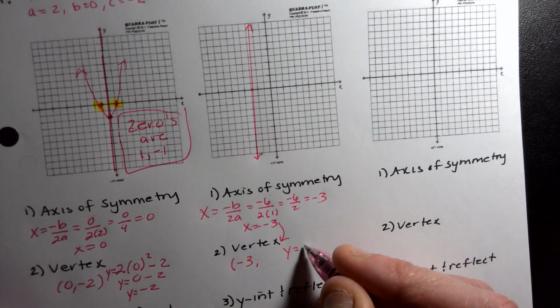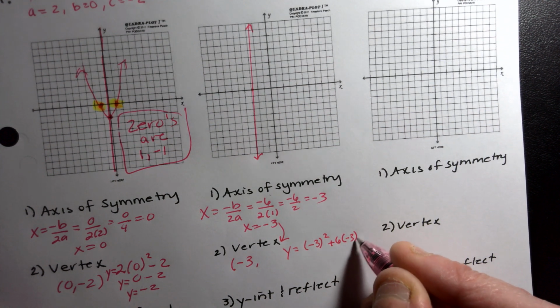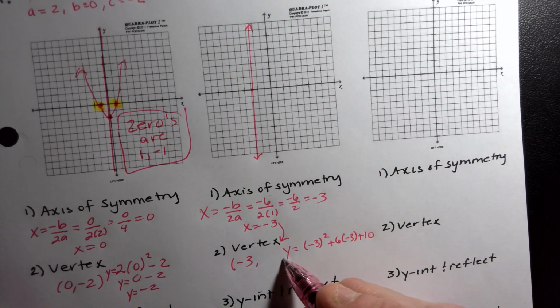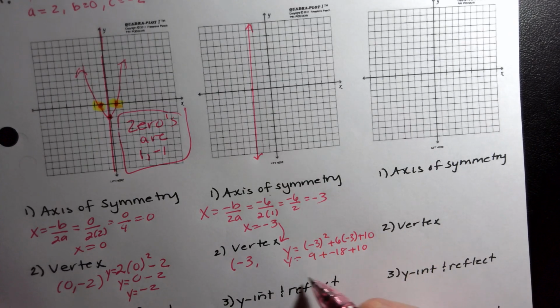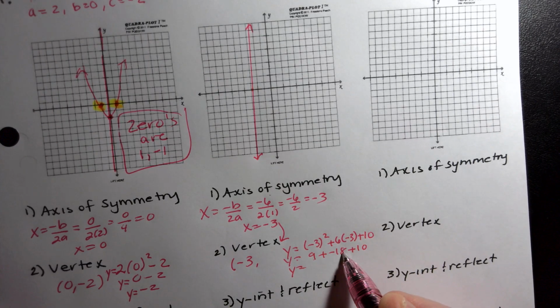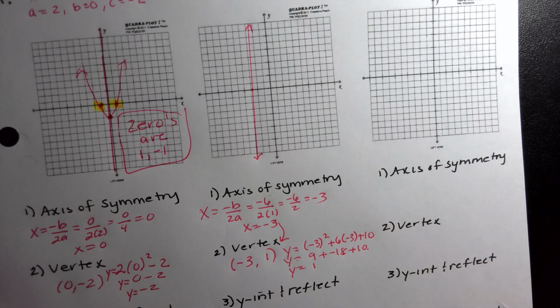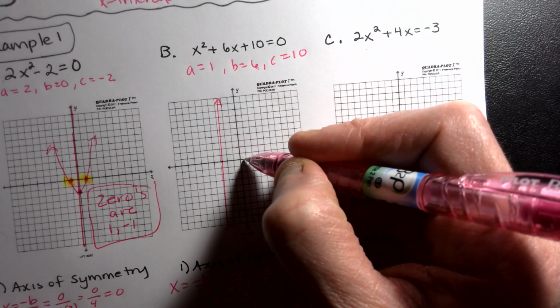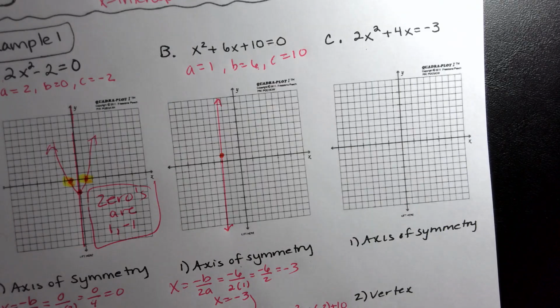Y equals negative 3 squared plus 6 times negative 3 plus 10. Y equals 9 plus negative 18 plus 10. Y equals negative 9 plus 10, which is 1. Negative 3, 1 is the vertex. So negative 1, 2, 3, 1. There it is, on the line like it's supposed to be.